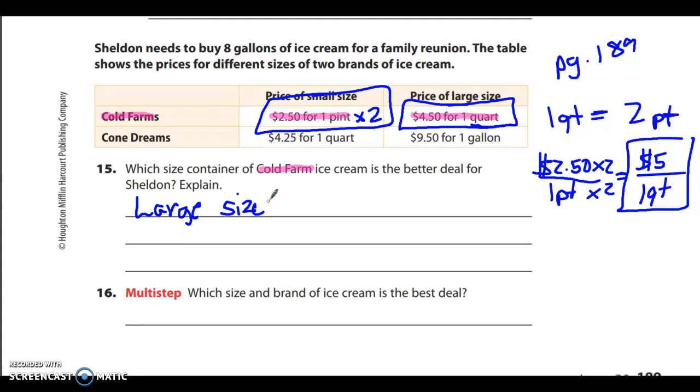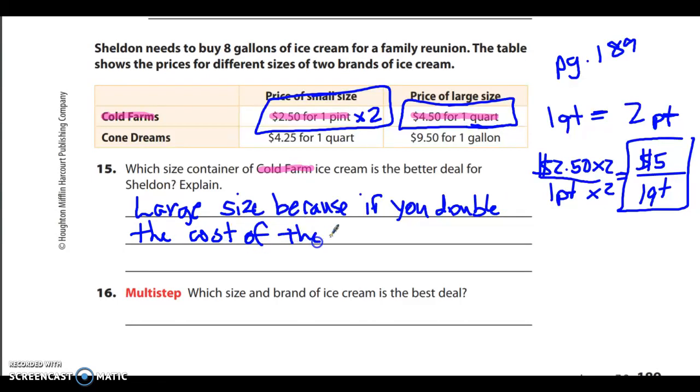I would probably say because if you double the cost of the small, it would be $5 per quart.